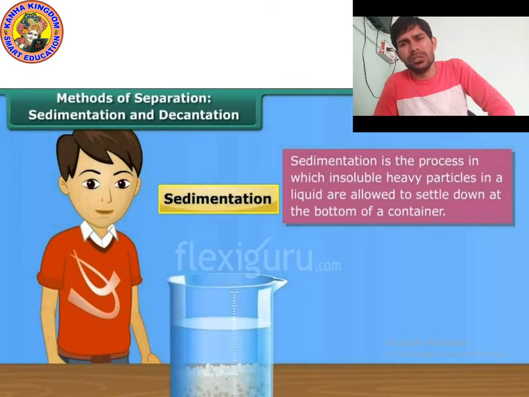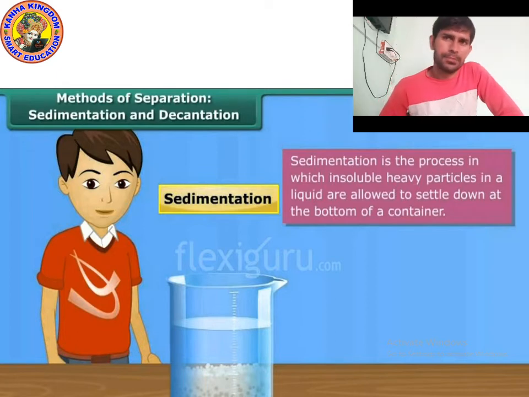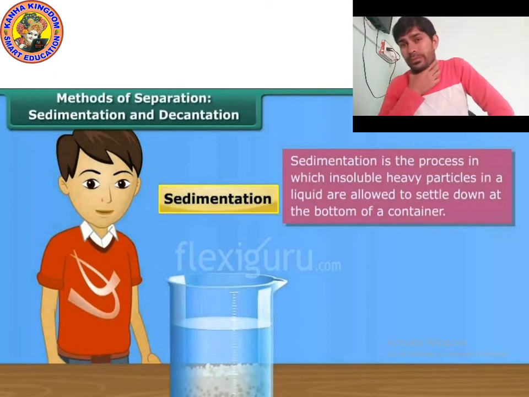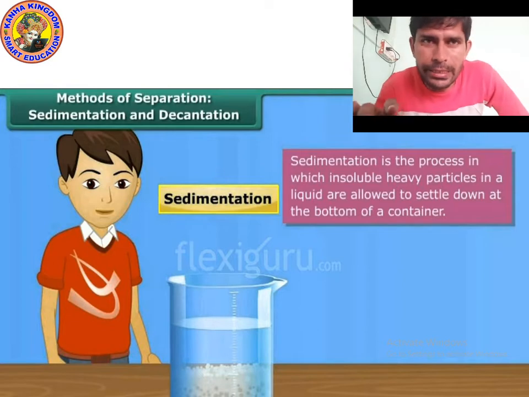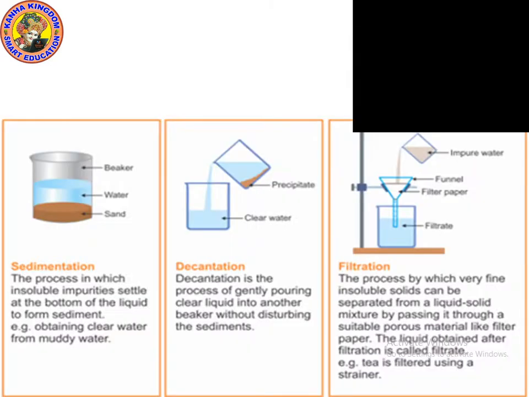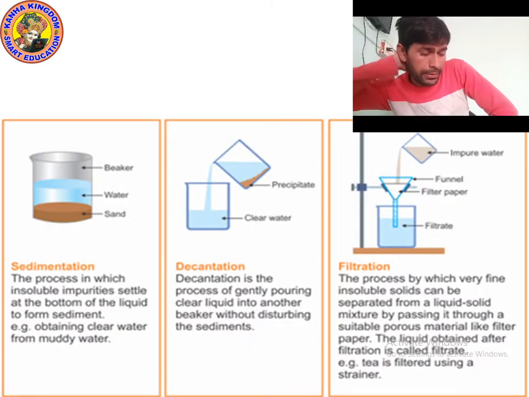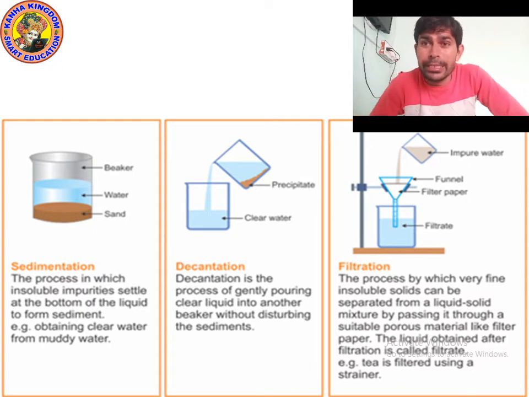So this is the meaning of sedimentation: a process in which insoluble heavy particles in a liquid are allowed to settle down. Now let's study decantation. Let's move on to the next point.